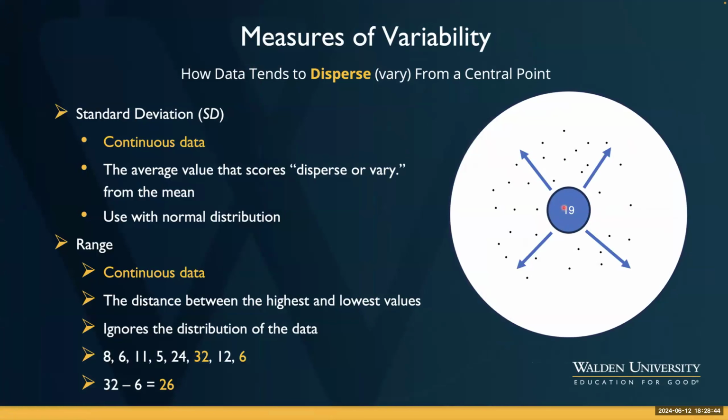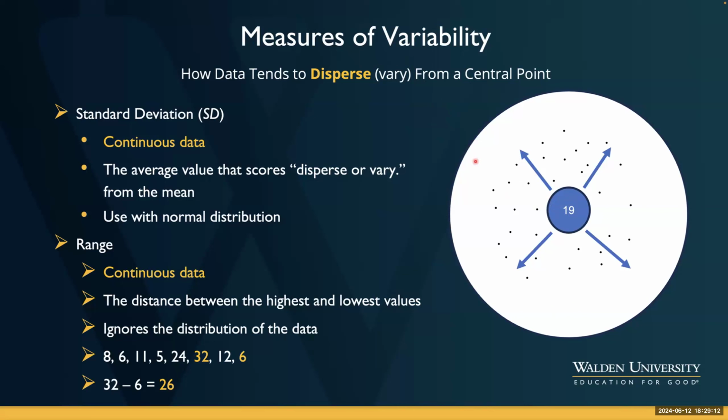So does everyone see now the arrowheads are going away from the central point, versus in the previous slide, they were going toward? So how does the data tend to vary away from a central point? That's the other measure. So we have the measures of central tendency and measures of variability. Those are 2 major descriptive statistics.